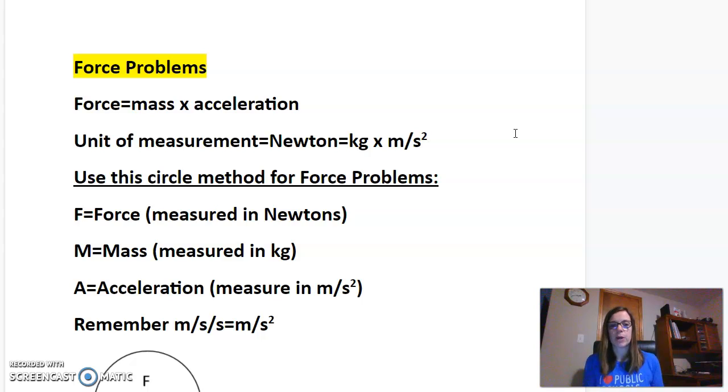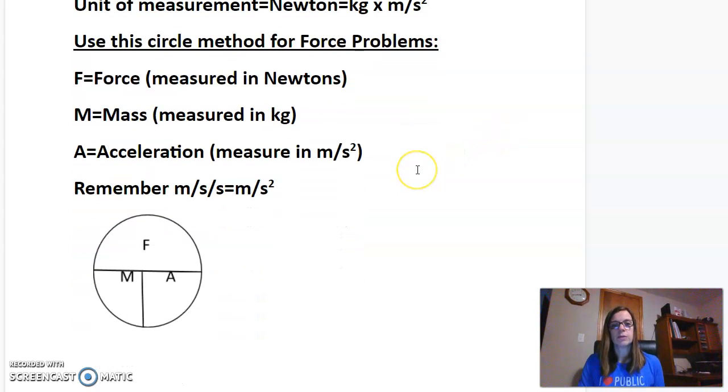When we're doing force problems, we're going to be using a circle method like what we did with speed problems, but instead of using speed and distance and time, we're going to be using force and mass and acceleration in our circle. So let me show you a little bit about that. When you're using the circle method for force problems, remember force is measured in newtons.